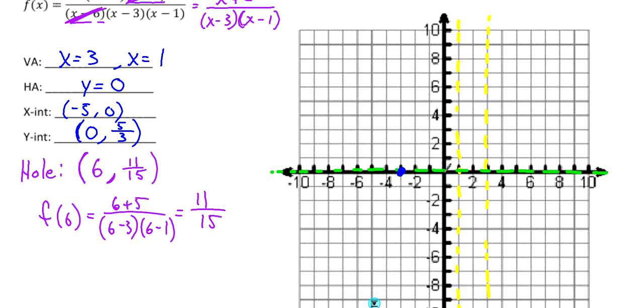Our y-intercept at 0, 5/3, which is right there. And then our hole, which is at positive 6, 11/15, which is right here. Okay, that's all of our information that we have. Now, we have 3 pieces to graph.